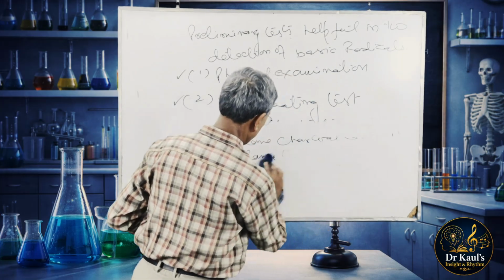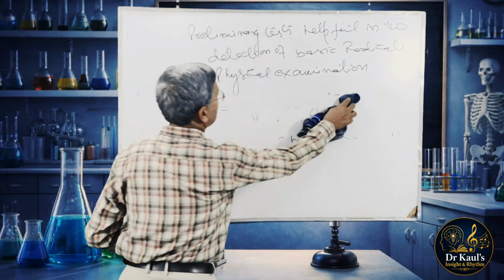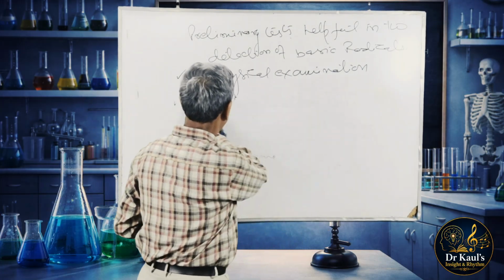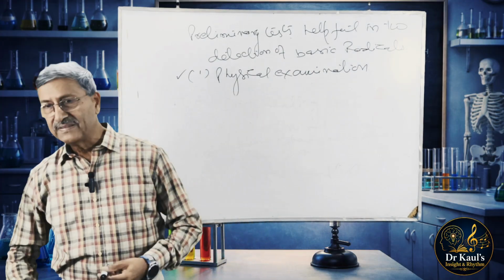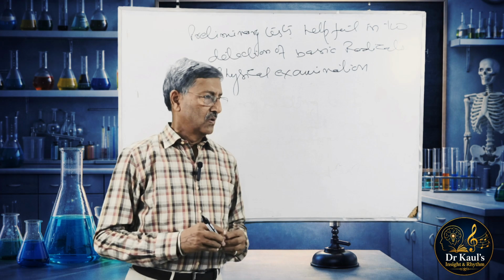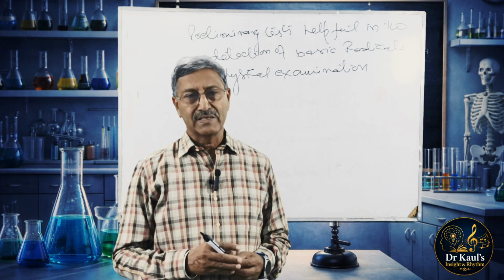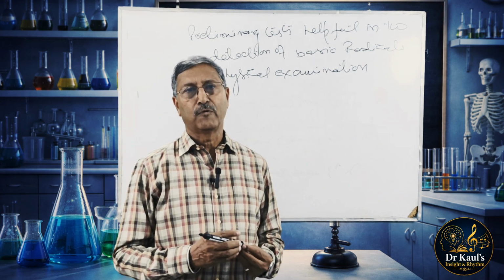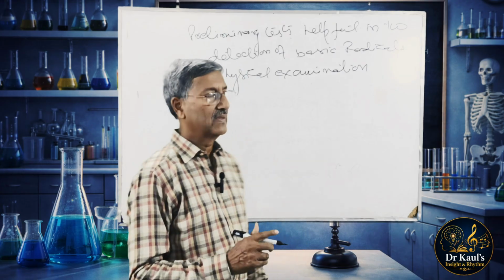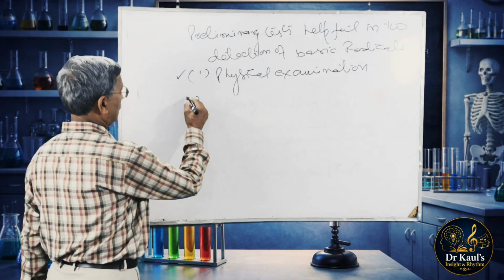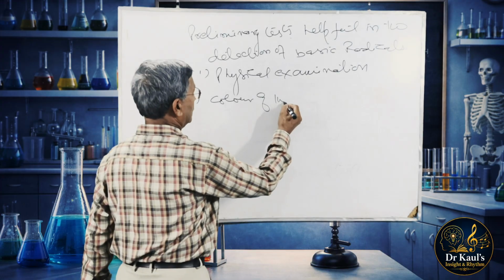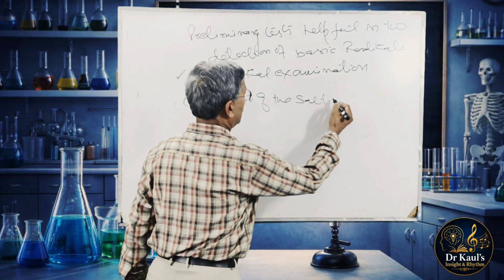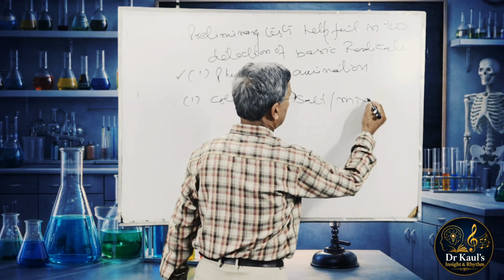So first of all, we start with the physical examination. In this test, we take the salt on a watch glass and then the following observations are made. Number one is color of the salt or of the mixture.